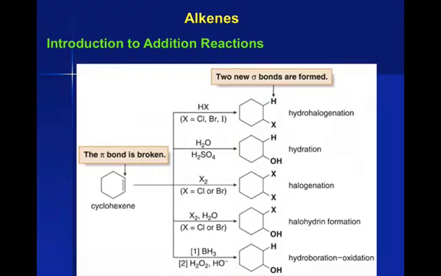If I add HI across a carbon-carbon double bond, what do I get? It's an alkyl iodide. If I add HBr, I get bromide. If I add HCl, I get a chloride. That's right. So I can make alkyl chlorides, alkyl bromides, and alkyl iodides by the addition of HX across a carbon-carbon double bond.